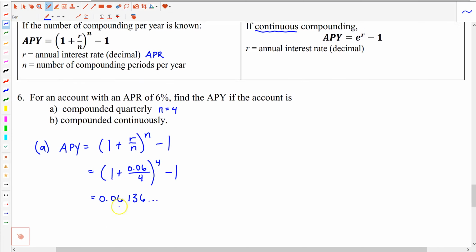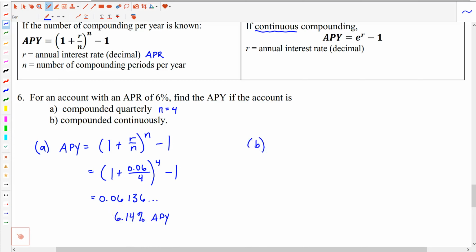This is the APY in decimal form, so moving the decimal 2 places to the right, I would get 6 point, and then maybe we'll round to the nearest hundredth of a percent. So 6.14%. On these types of problems, they are notated with APY on the end, just to be very clear that this is an APY and not an APR.